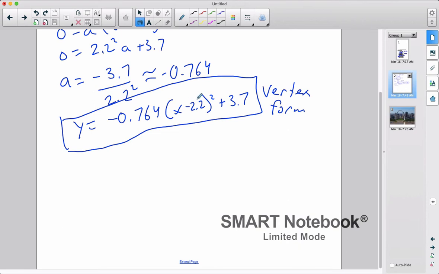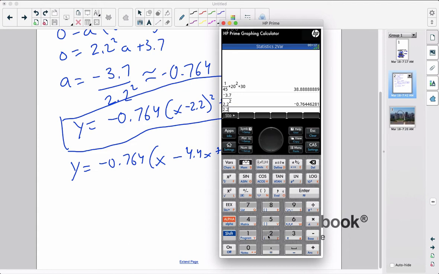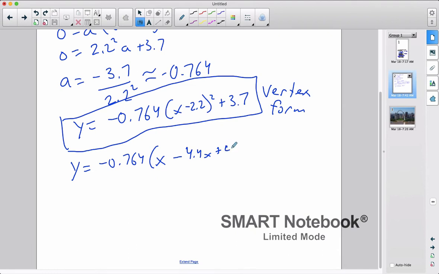Okay, so standard form is easy. We just expand this and multiply by this, and we simplify. So we're going to have negative 0.764 times (x minus 2.2)(x minus 2.2), so it's going to be x squared minus 4.4x plus 2.2 squared, which is 4.84, plus 3.7.